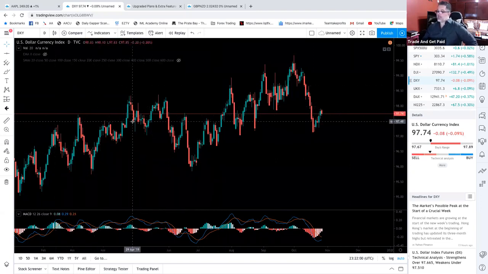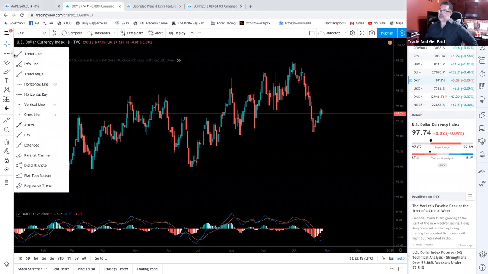All right, so now, to add your most common tools that you use, you go on the left over here. This toolbar is packed with things that we use, okay? So let's say I use a trend line quite a bit, so I'm going to put a little star by it.